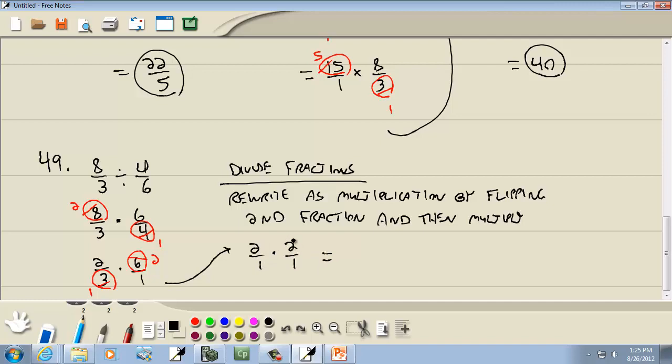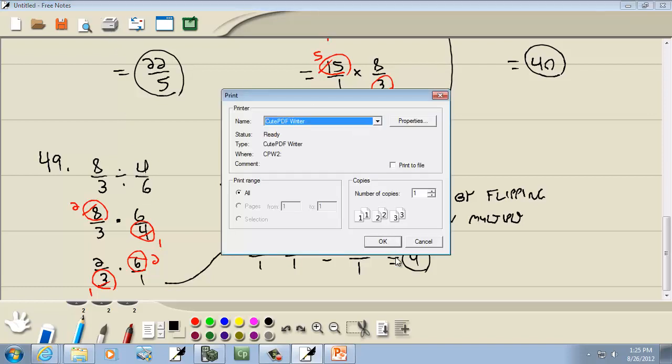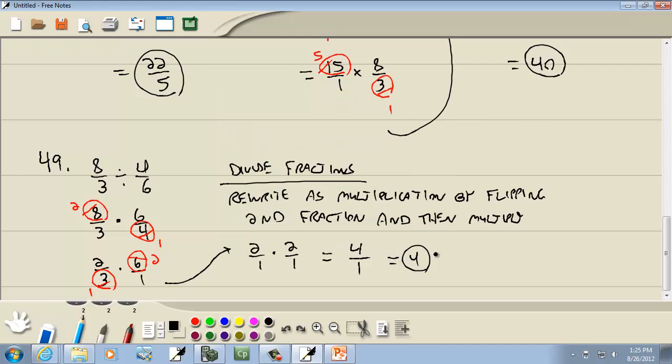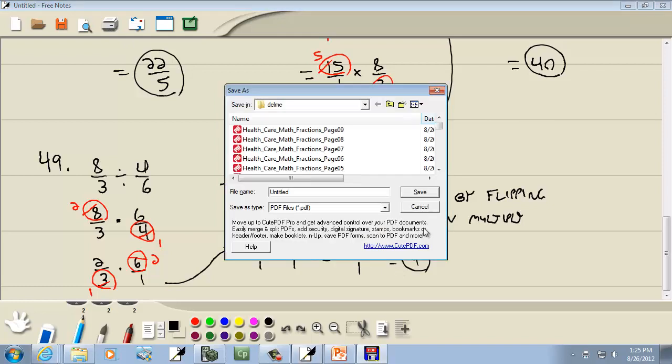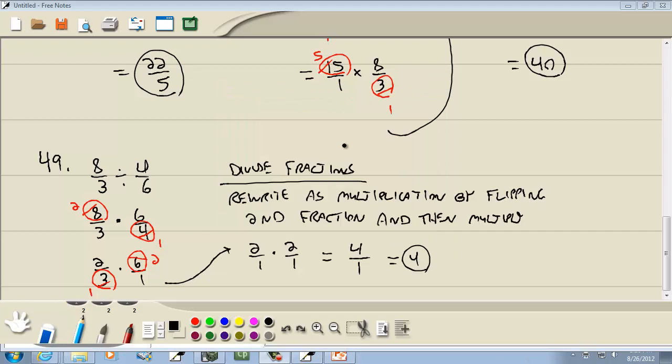Nothing else to simplify, so multiply the top parts together. 2 times 2 is 4. Bottom parts, 1 times 1 is 1. And 4 divided by 1 is 4. Yet another one that came out really nice. But again, we rewrite as multiplication by flipping the second fraction, taking the reciprocal of it. Reciprocal is a fancy word for flipping the fraction.